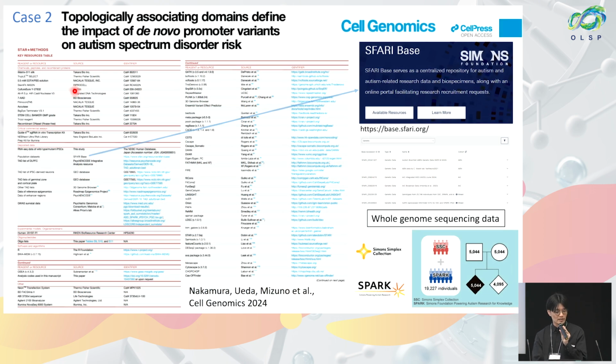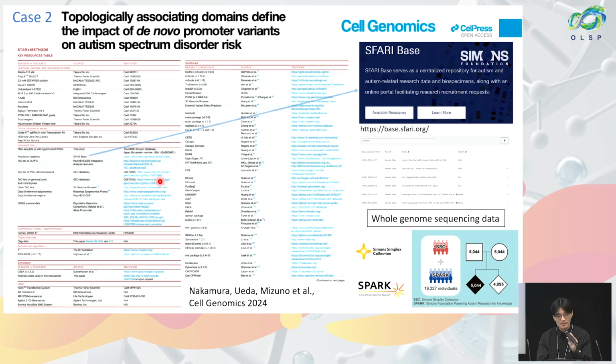So the title of case 2 is topologically associating domains define the impact of de novo promoter variants on autism spectrum disorder risk. And again, this paper was published in a Cell Press journal, and there is a longer list of publicly available datasets used for our study.